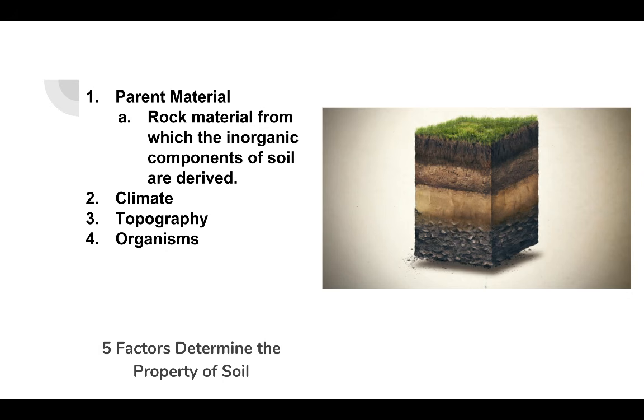Organisms are huge. We already talked about animals that tunnel or burrow, for example, earthworms, gophers, voles. They're very important because they mix the soil, distributing organic and mineral matter. So organisms act as recyclers for this organic matter. And then we always need time. Time is the final factor.